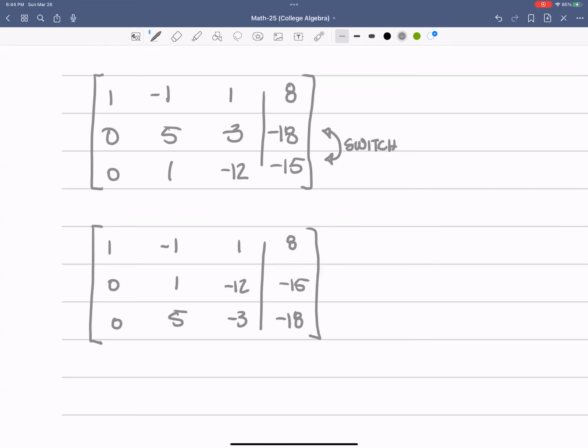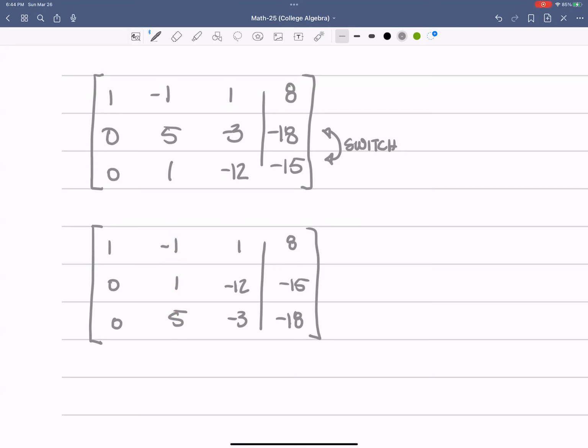All right, so now this one's our working row. So working row is row 2 now, and we're going to use this one to turn this into a 0 and also this into a 0. So to turn this into a 0, the opposite of -1 is +1.